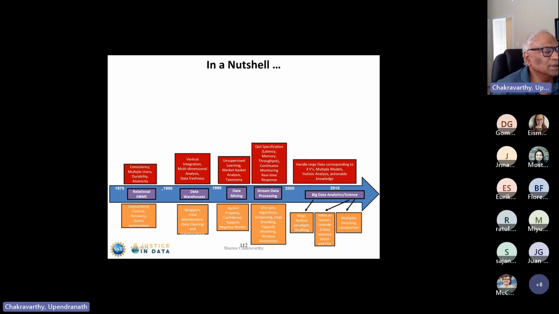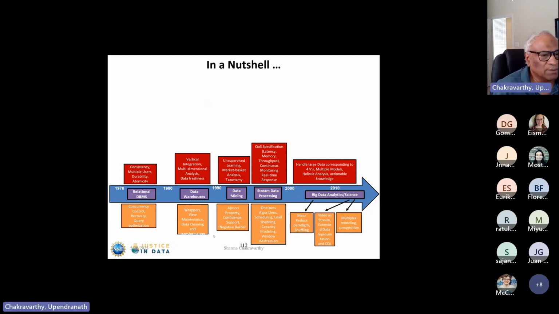And then came DBMSs, hierarchical and network before that, and relational. They made life easier by supporting a bunch of abstractions. What you see on top are abstractions that are supported for end users.